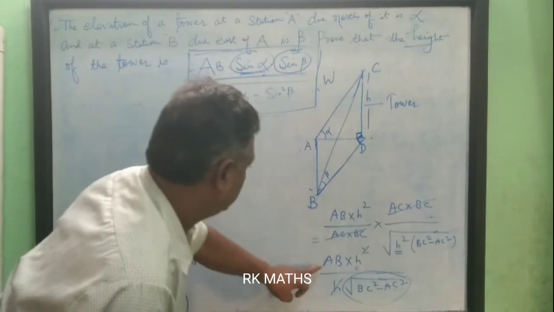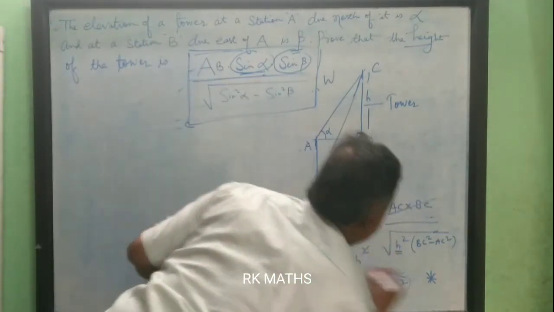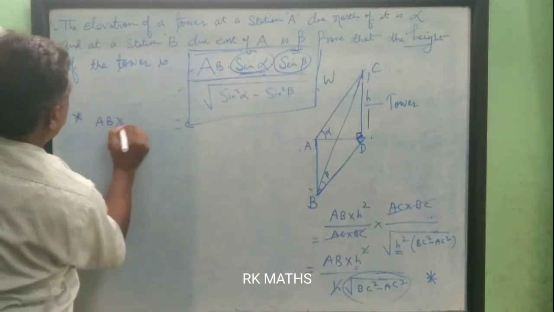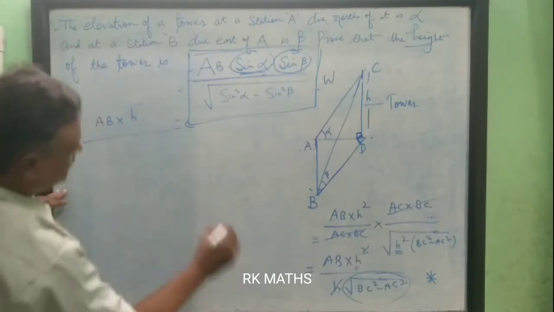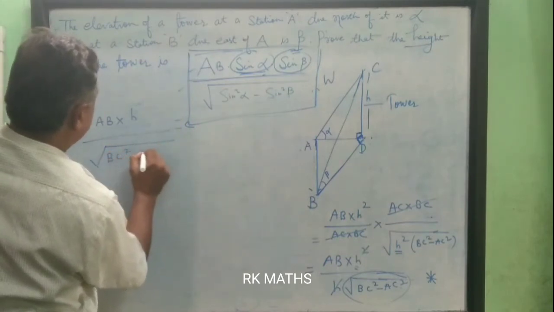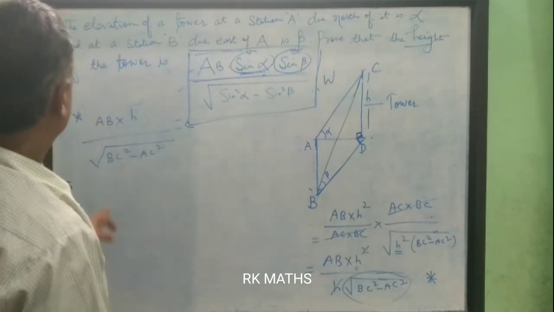Now AB into h divided by under root BC square minus AC square. Now we have to calculate this part.